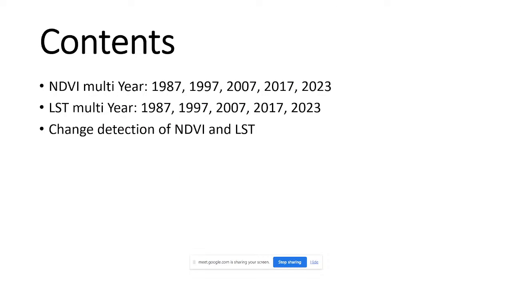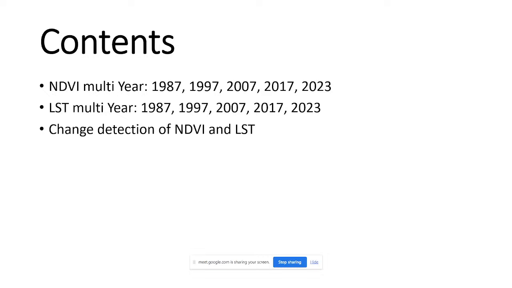So first of all, here you can see this is our content. Basically, we talk about the multi-year NDVI, different time periods such as 1987, 1997, 2007, 2017, and 2023. This is our time frame for annual NDVI.